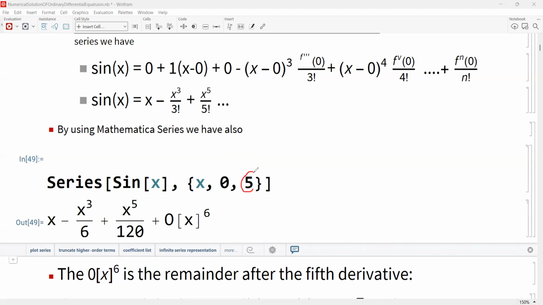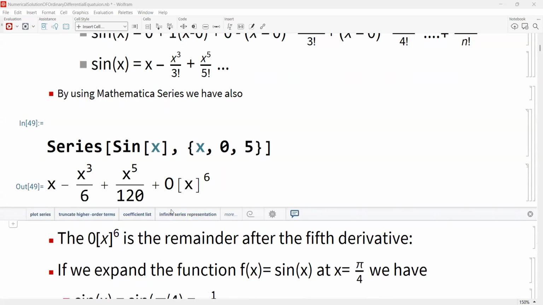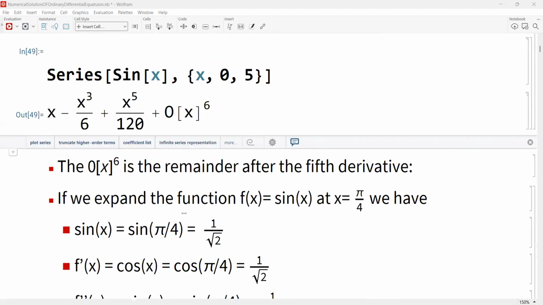So this is the fifth derivative. But we have only 3 terms here, but the derivative here is up to fifth. So the O of x to the sixth here is the remainder after the fifth derivative.